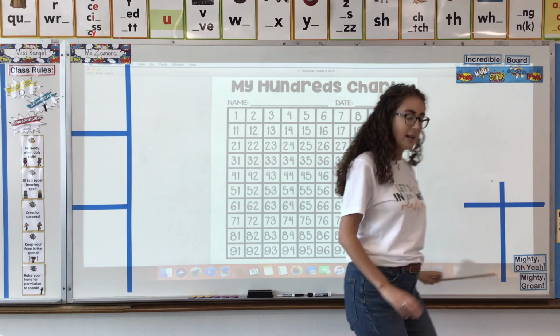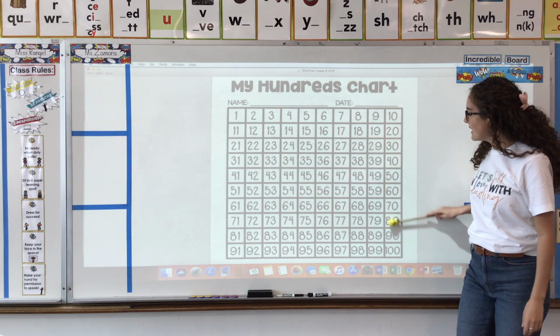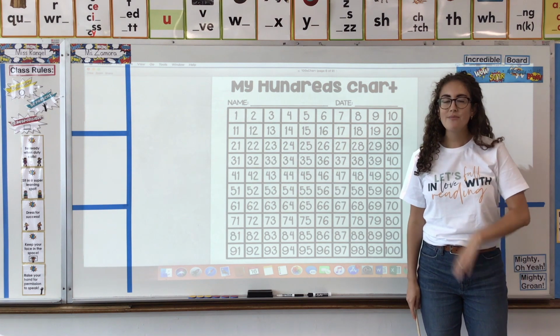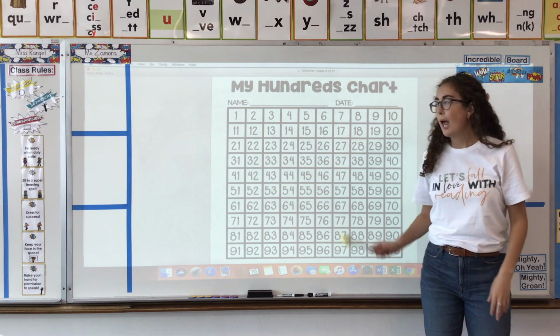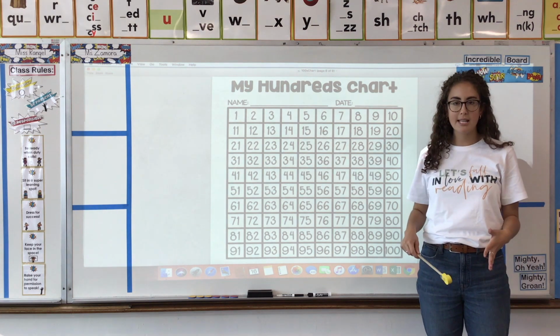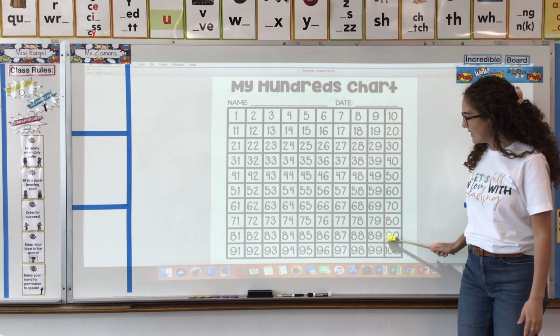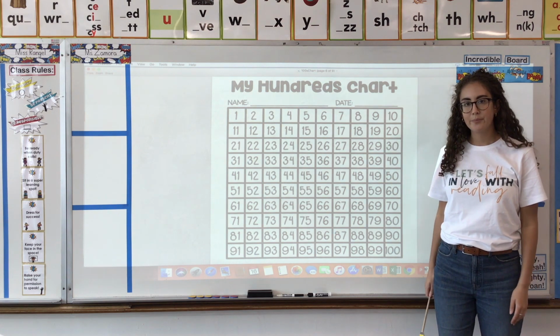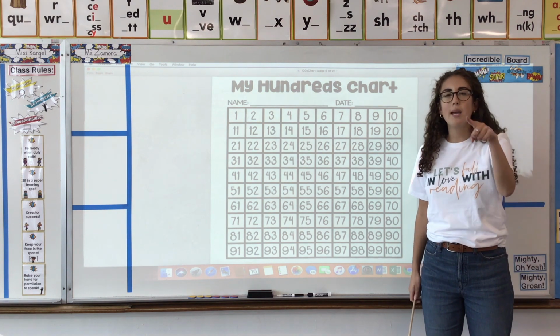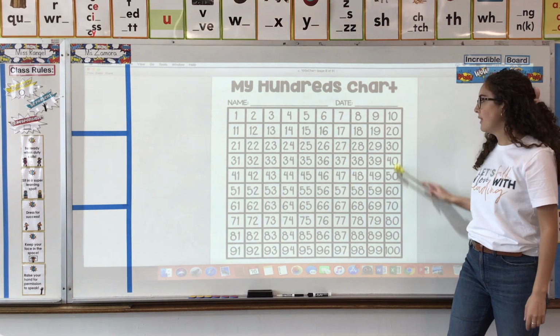But I want us to come over to this very last column. This is super important because this is where all our tens numbers reside. These are all numbers that only have tens in them. So to make sure we are where we need to be, I want us to count by tens down this column.